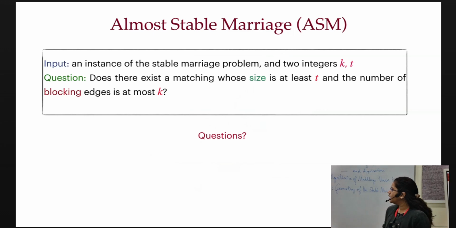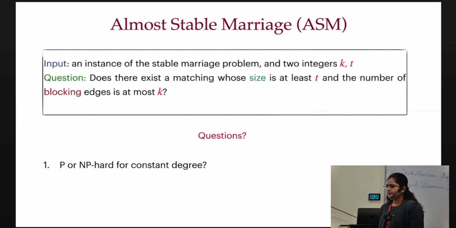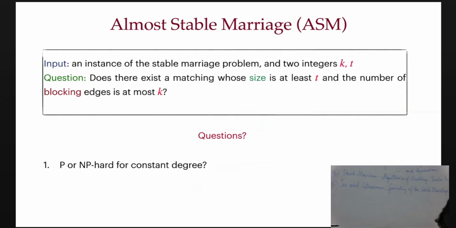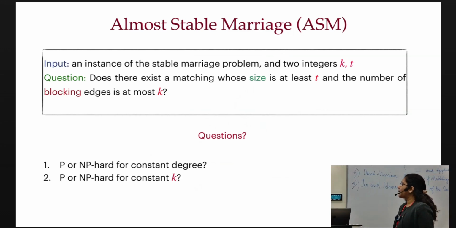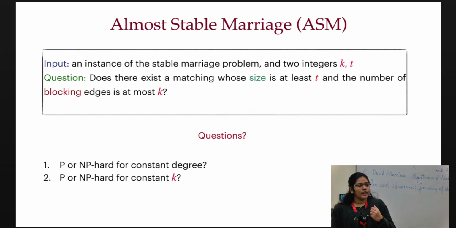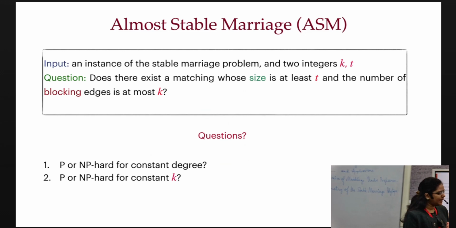I can ask what happens when the degree is constant. Degree means here that the length of every preference list is constant. What happens in that particular case? What happens when the number of allowed blocking edges is constant?